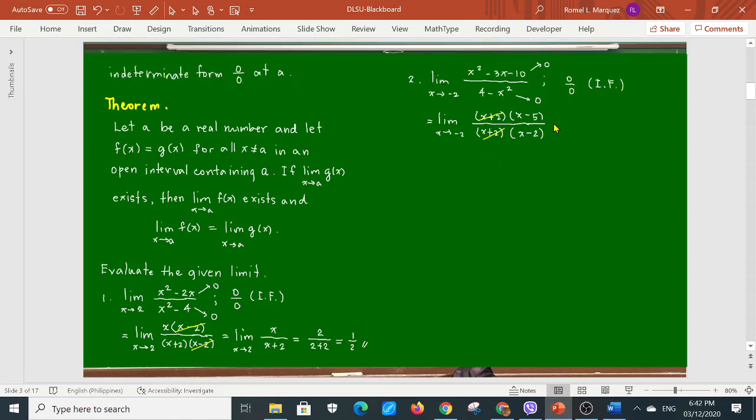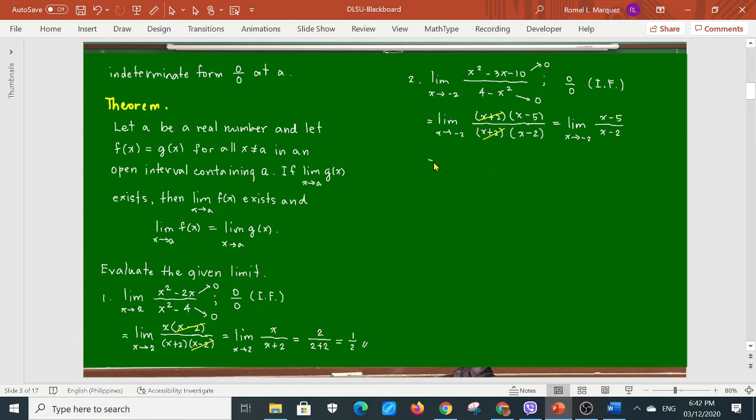And this is equal to the limit as x approaches negative 2 of x minus 5 all over x minus 2. Notice that if I get the limit of the denominator, it's no longer 0, no? Negative 2 minus 2, that is negative 4.